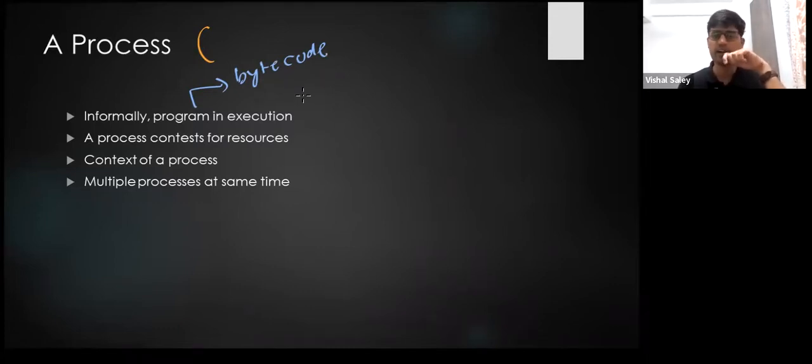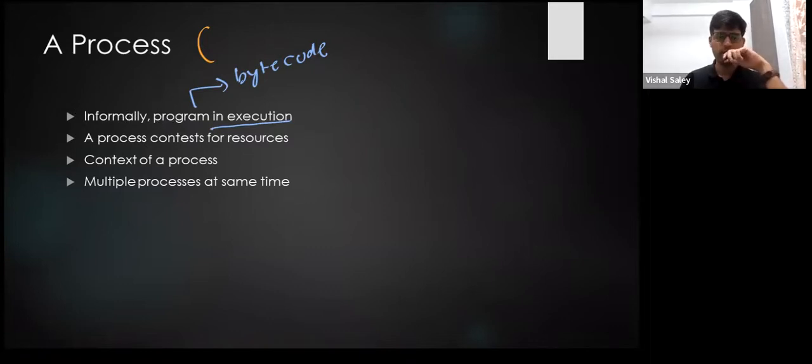I'm not saying it's incorrect. It's a very broad level of statement. We don't know what we mean by in execution, right? It might mean that the CPU is running, it just might mean that it's in the memory, right? It's similar to what we had: operating system is always running. It's neither true nor false. It just makes sense under some separate context. This definition is like that only, right?